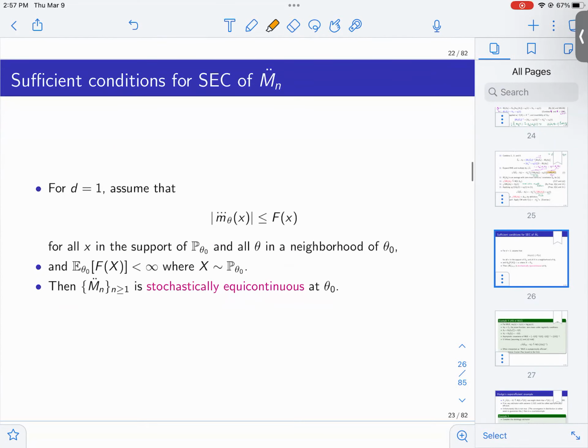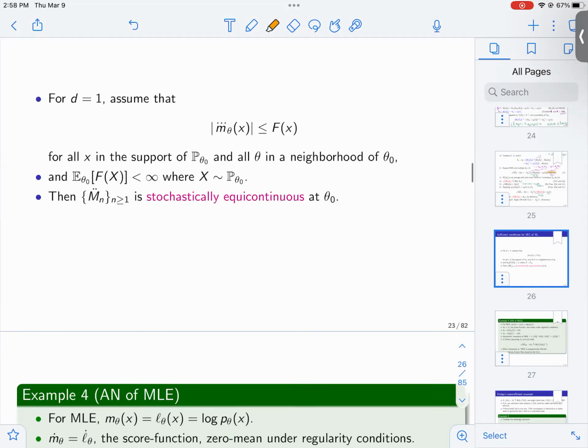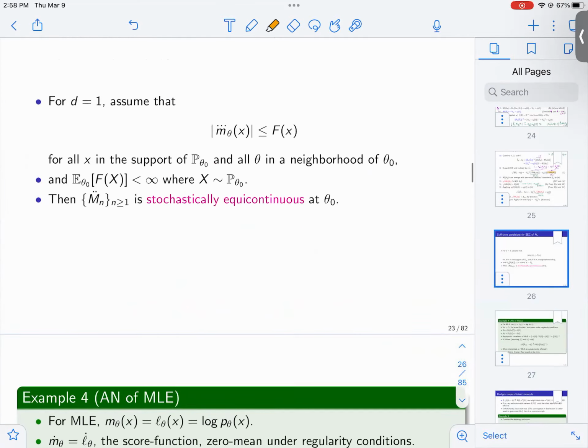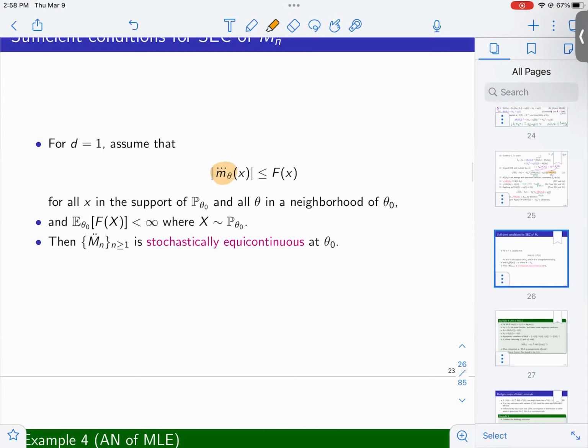Okay, I have a little condition here. If you have uniform dominance, then this thing is going to be stochastically equicontinuous. I'll leave it to you to look at it. I also have a homework problem. This is the third derivative, so you can see triple derivatives.